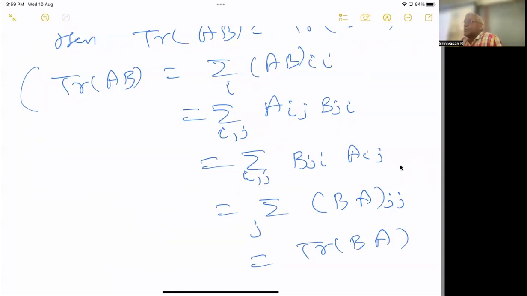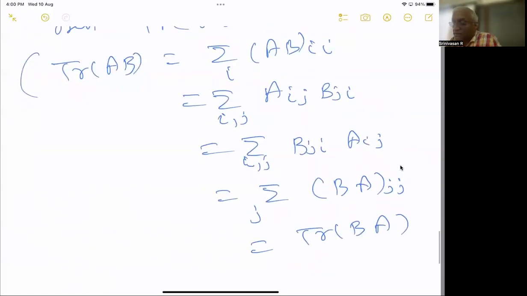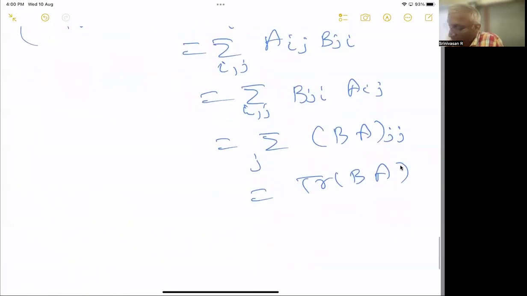So trace of AB equals trace of BA. A and B need not commute, but for any A and B, trace of AB equals trace of BA. You should remember that if you have finitely many matrices inside the trace, you cannot change positions arbitrarily. You can only move them circularly.